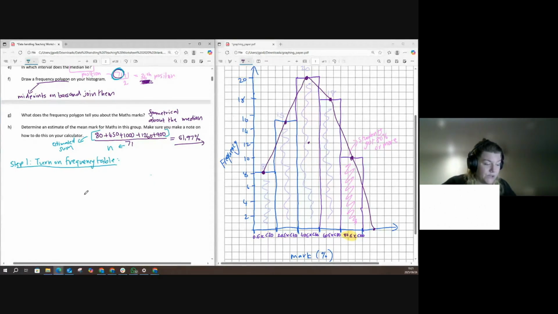Okay, let's turn on our frequency tables, and you can keep this on always, so you don't ever have to turn this off if you want to.